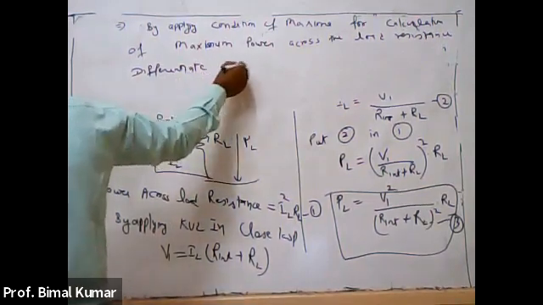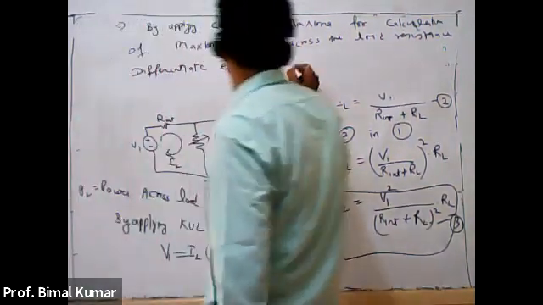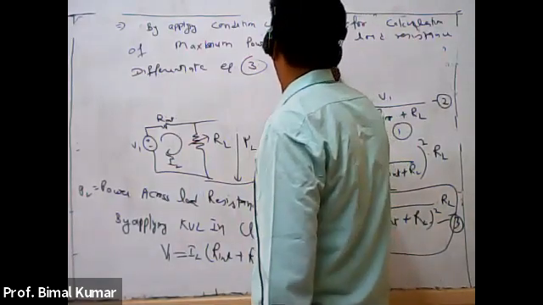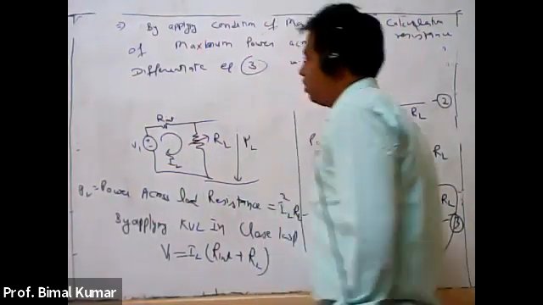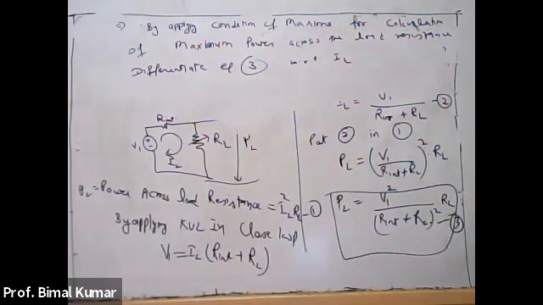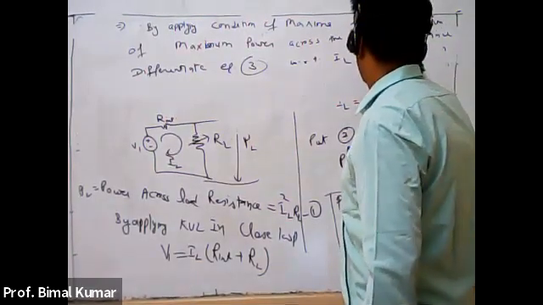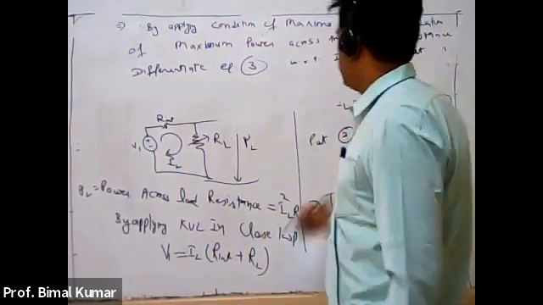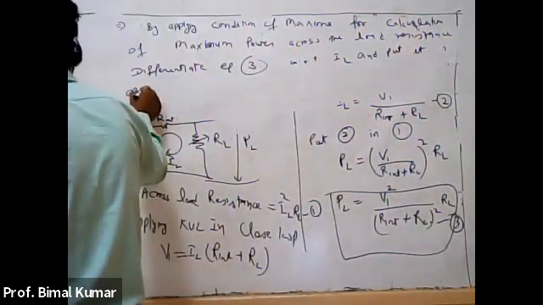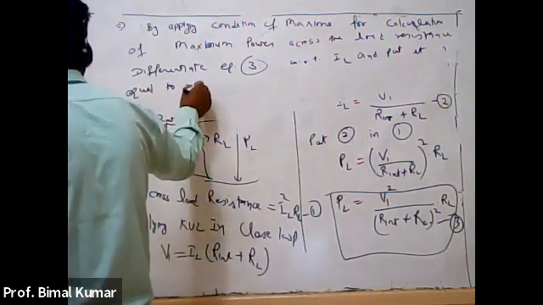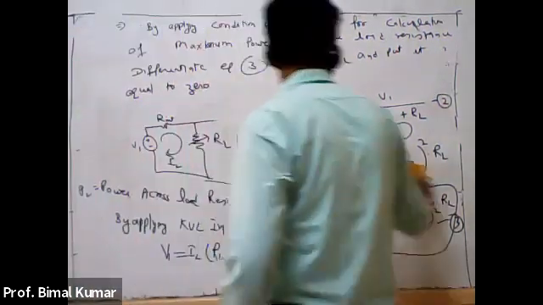Differentiate equation 3 with respect to IL, right? We will have to differentiate this equation for calculation of maximum power, right? And put it equal to 0.